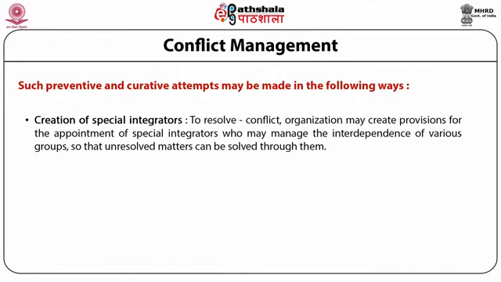Creation of special integrators to resolve conflict. Organizations may create provisions for the appointment of special integrators who may manage the interdependence of various groups so that unresolved matters can be solved through them.